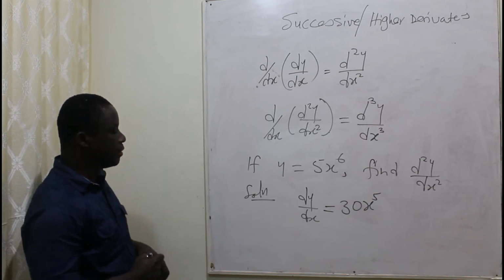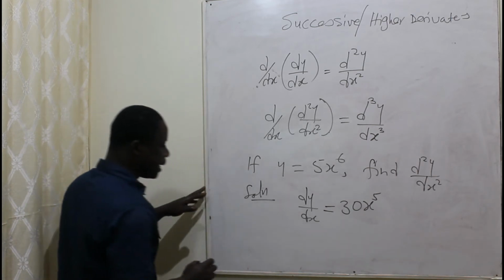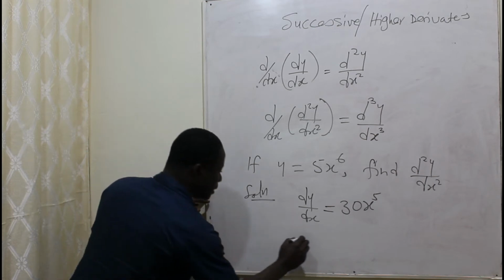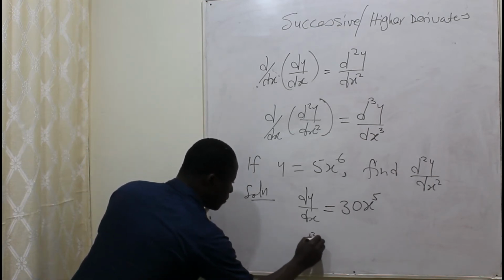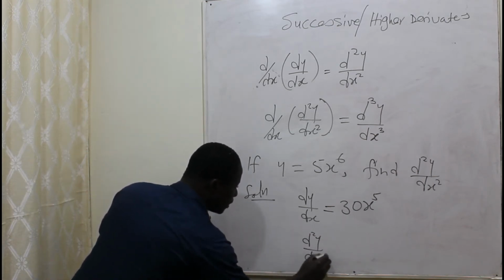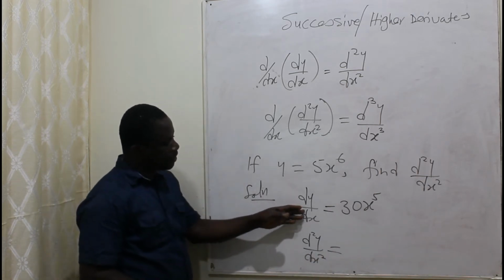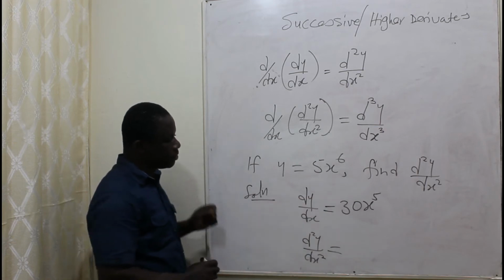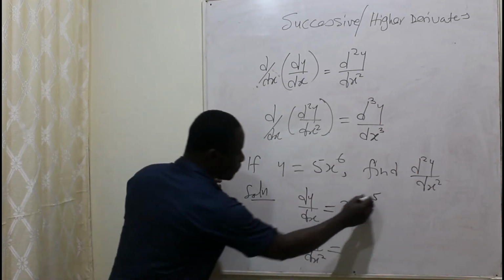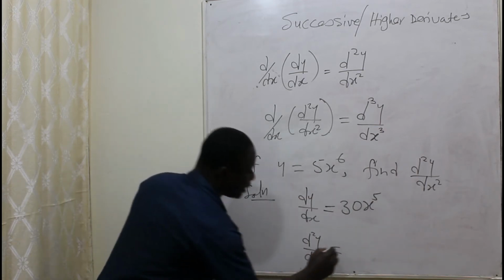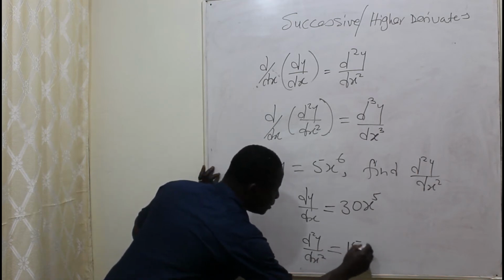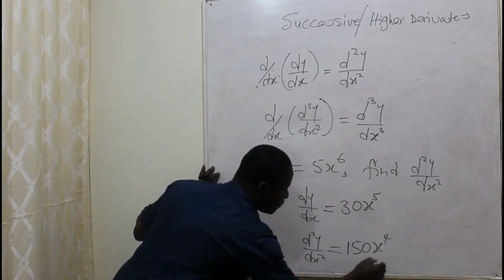Then, to differentiate again, it is going to be d squared y over dx squared. The first derivative will be differentiated again, and the result will be 5 times 30, which is 150x to the power 4.